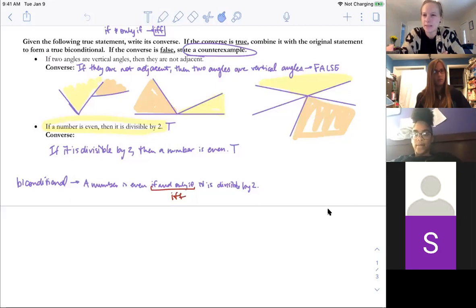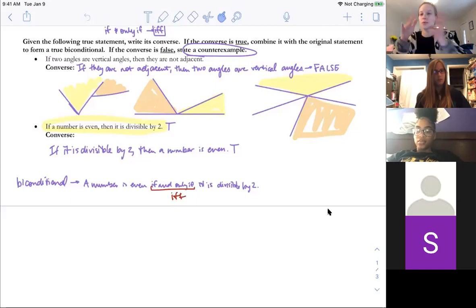Does that make sense? It doesn't have to be an end all be all. It's not like it's only divisible by 2 and that's it, because we know there's a ton of even numbers and they have other factors than just 2. It's not only 2's that make up these even numbers. It's 2 and 5, 2's and 3's, 2's and 7's, but it also is divisible by 2, and that's only even numbers. No odd numbers are divisible by 2.